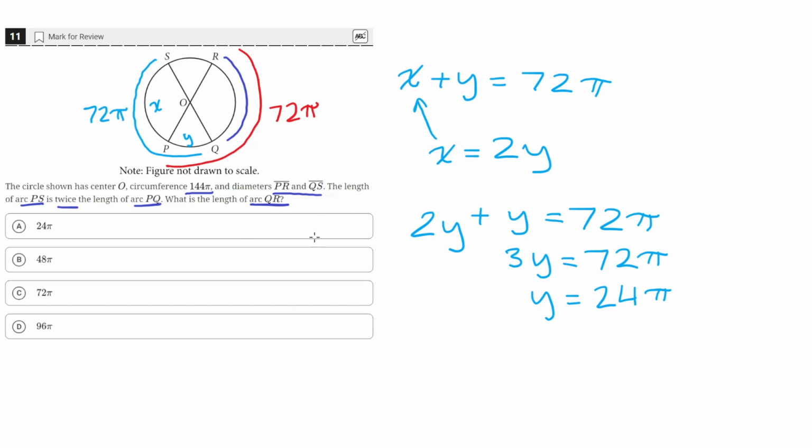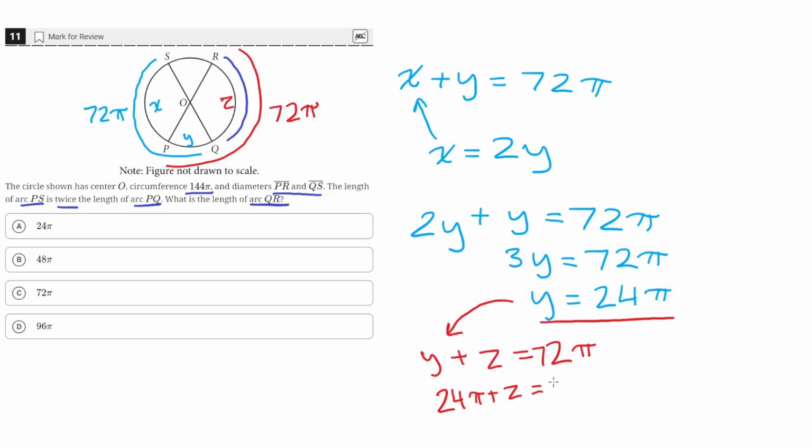So if we say that the length of arc QR is equal to Z, then Y plus Z is equal to 72 pi. But we know that Y is equal to 24 pi. So if we plug that in, we get that 24 pi plus Z is equal to 72 pi.